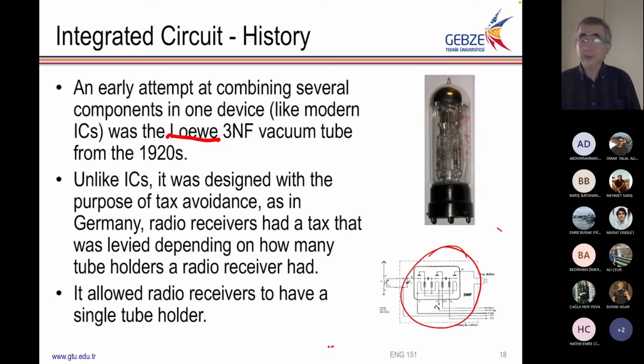The actual idea was that the tax on radios was calculated by the number of tubes inside. I remember it was the same in Turkey when we had TV receivers. Each TV receiver had passport registration for the government in our houses.